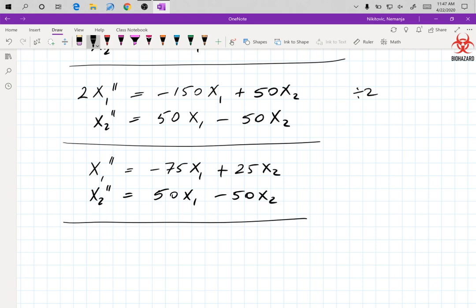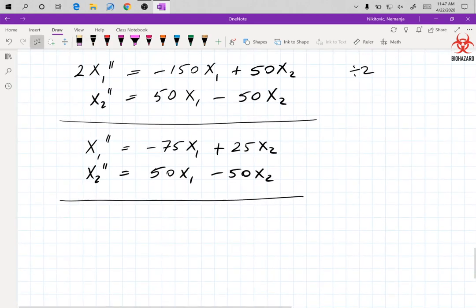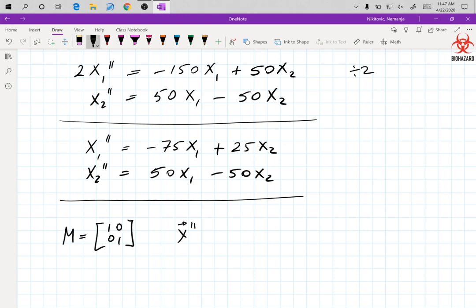All right, cool. Now my big matrix M in this case is just 1 0 0 1, so nothing there, because we were lucky with masses. If the masses were 7 and 3, then we would have to find the inverse and multiply both sides. But because it was just simple like this, you can always divide by the mass to the other side, and you will get your standard form. So you have your vector x double prime, which has x1 double prime and x2 double prime.